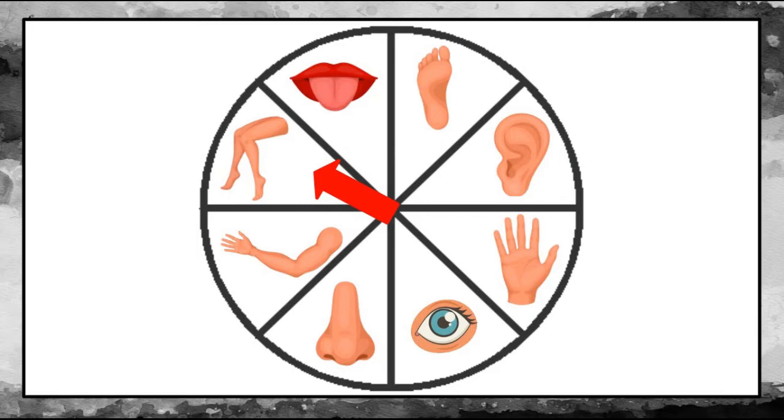I'm going to give you 5 seconds to make a sentence with legs. Let's spin it again. It landed on a foot. Can you make a sentence with foot? I'm going to give you 5 seconds to make a sentence with foot.